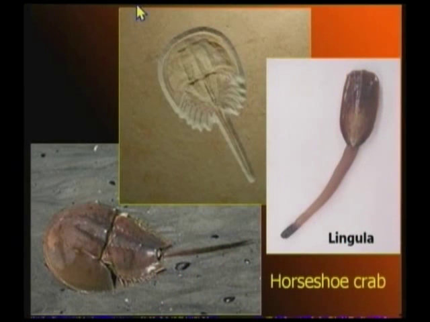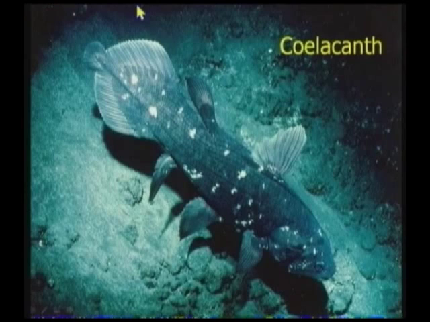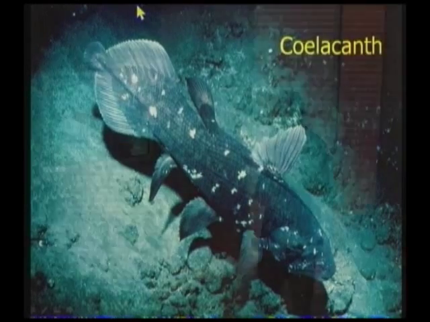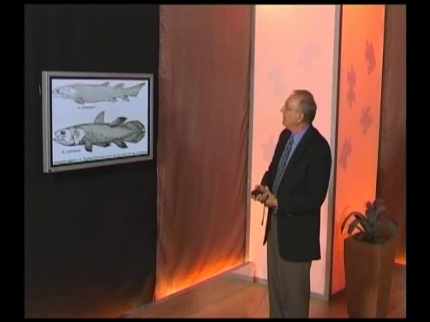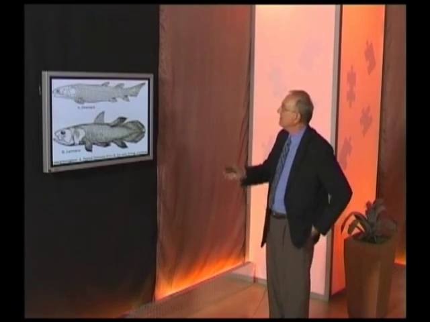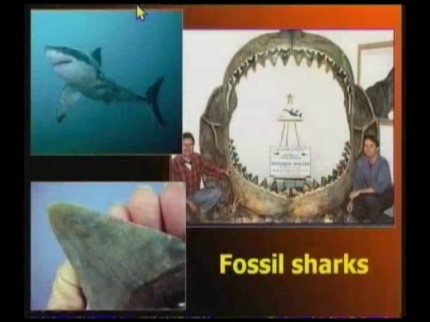Here is the lingula, the horseshoe crab, a very, very ancient creature, supposedly, living right there from the earliest times, unchanged till today. The coelacanth, very famous example, supposedly a representative of those first creatures that crawled out onto the land, unchanged from what its progenitors or its ancestors were like.